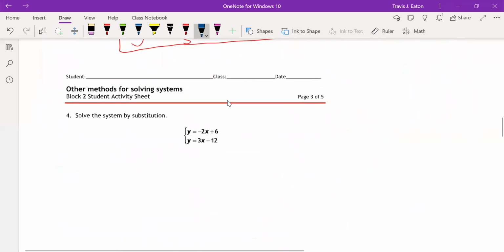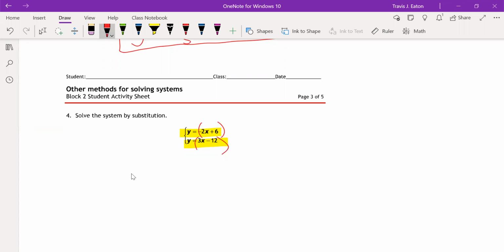The rest of this is just more solving by substitution. Now notice on this one, these both have y equals and y equals. So the way this one would get set up is, if y equals negative 2x plus 6 and y equals 3x minus 12, you can substitute whichever one you want.